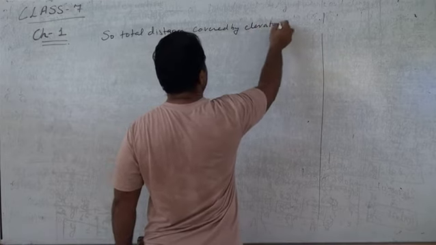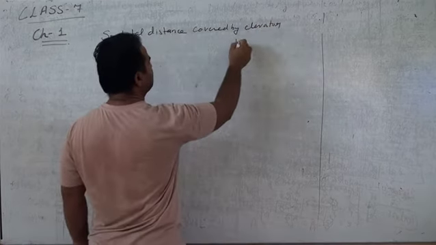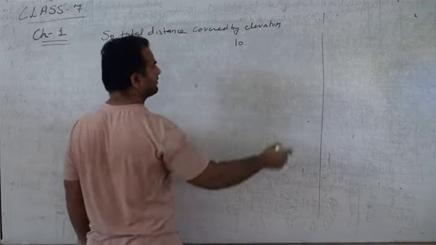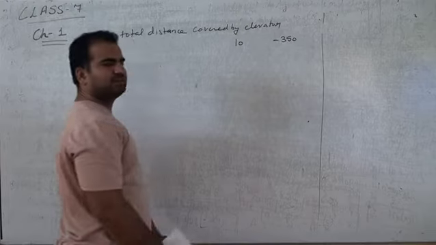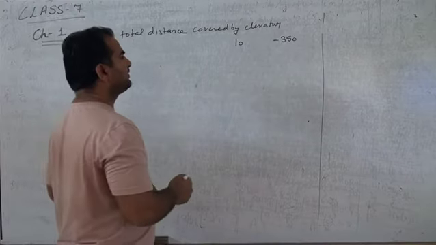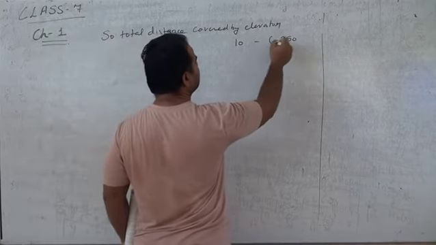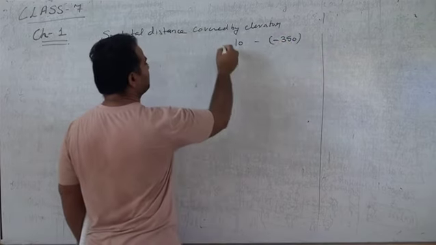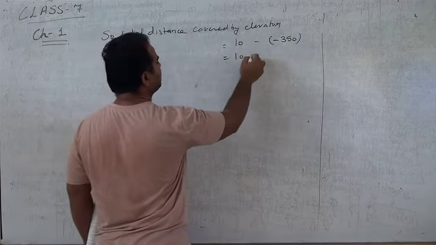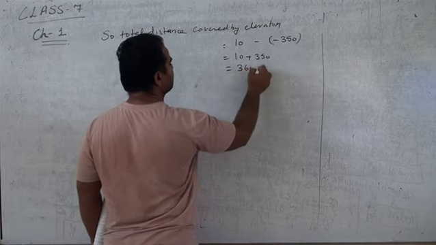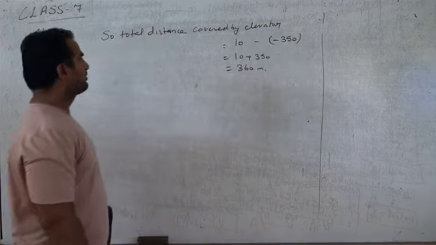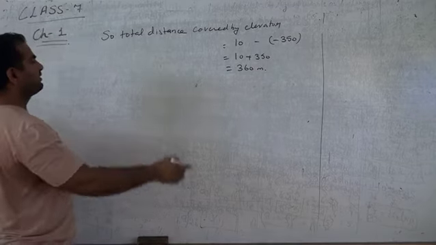It is 10 meters above the ground and reaches minus 350. We have to find the difference, then place a negative sign there. So it will be 10 plus 350 equals 360 meters. It has to travel 360 meters.